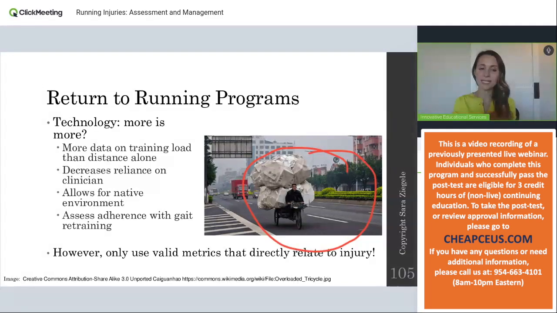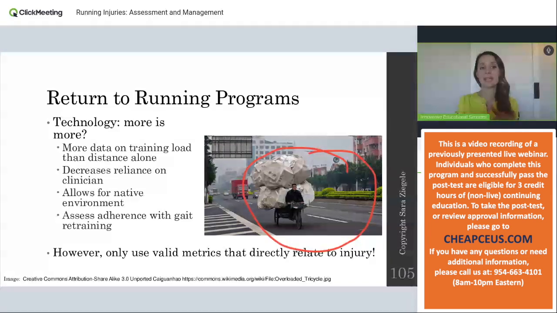We're also able to get data from settings that we didn't have access to before. So we used to have someone in the clinic on a treadmill in order to get some of these metrics. Now people can take their technology, their wearables with them wherever they normally run. So if someone is a trail runner, if somebody is out in the elements, running against the wind, running hills, we can actually get data from what that looks like.